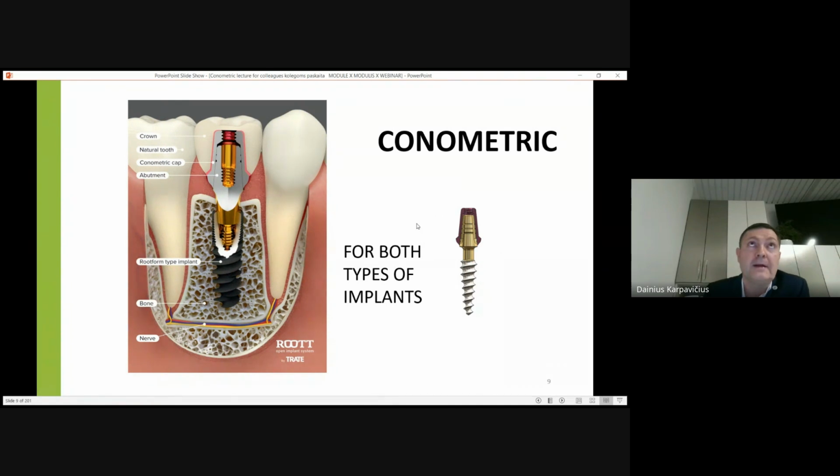It might be used for single tooth and bridge type, and sometimes for full arch solutions also. But usually this method is for single or bridge type, and mostly it is useful in the premolar and molar area.